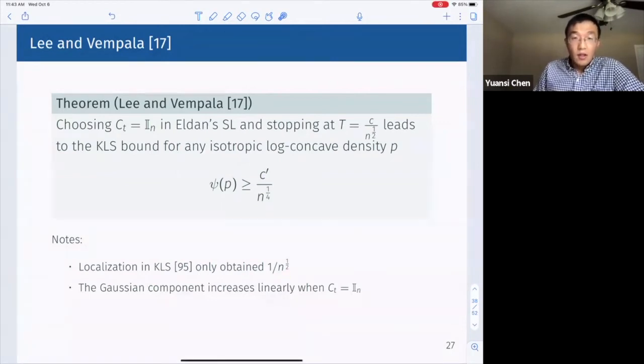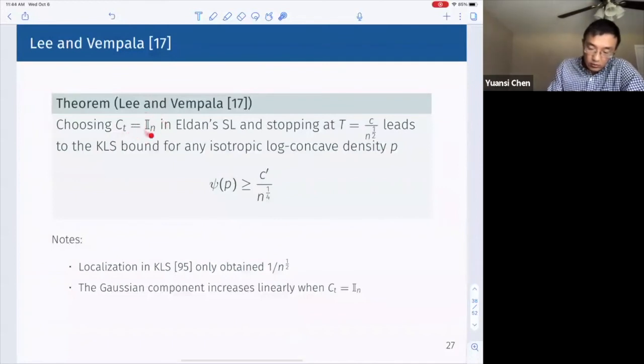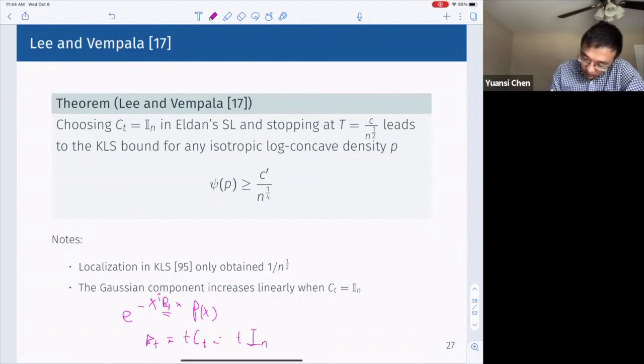Okay. And when you choose this C_t to be identity, this is basically the Gaussian part, this e to the minus x transpose B_t x that is multiplied to your p_t(x). This B_t is increased linearly. It's the integral of C_t, which is t times identity.